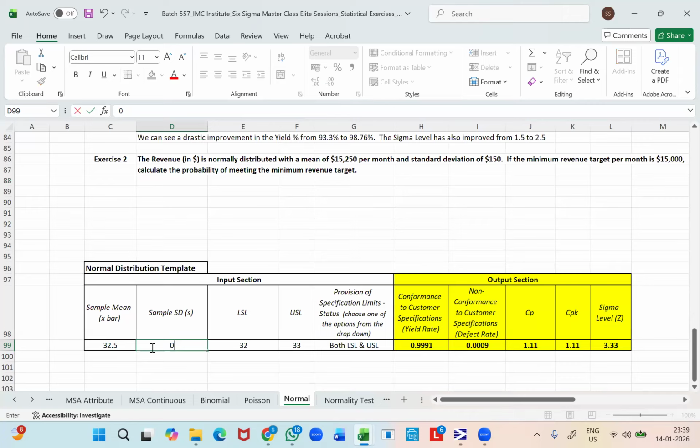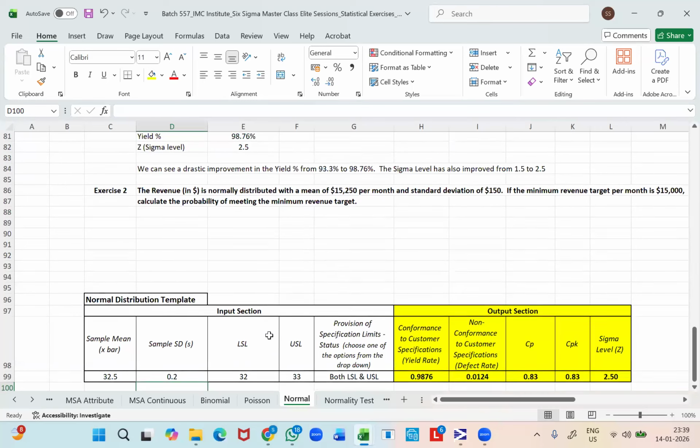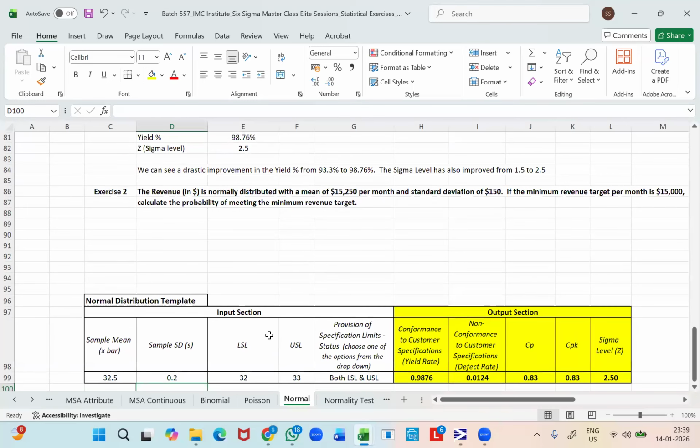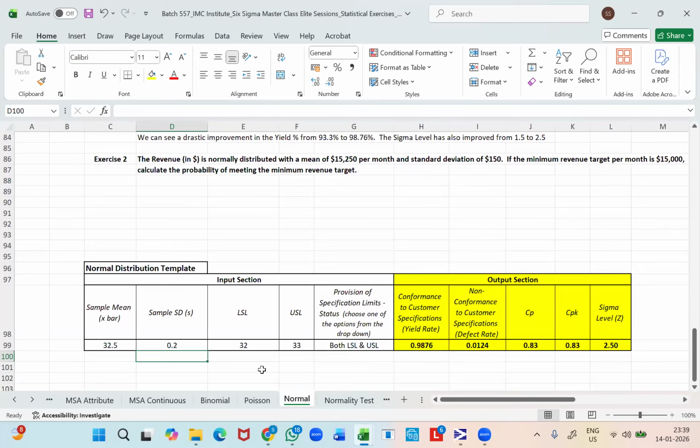Let me just revert back to the old standard deviation value. Fine, so this is as far as exercise number 1 is concerned. If you are provided with a nominal the better kind of metric and you are asked to calculate the sigma level or the yield percentage, you will have the sample mean and the sample standard deviation provided as input values, along with both LSL and USL.